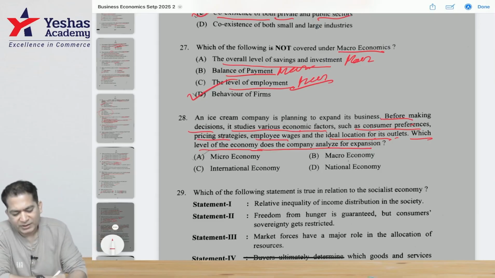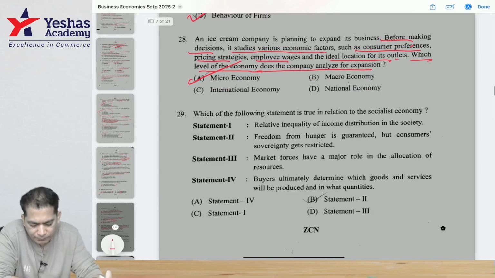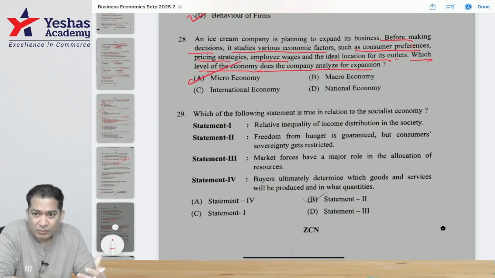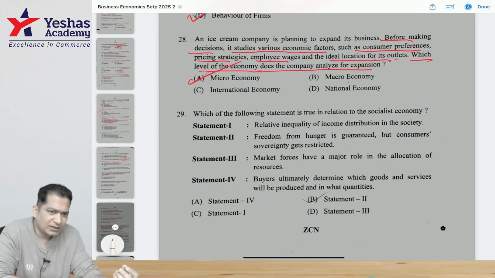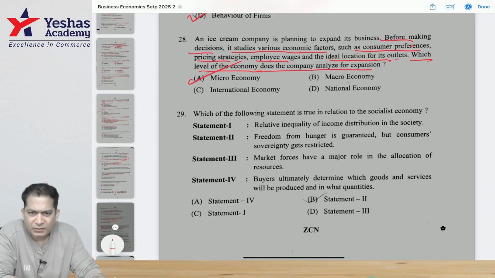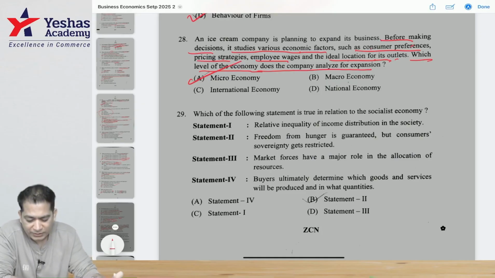So what I'm performing is a micro analysis, because I'm talking about one industry. But if I'm talking about the general environment in the economy, like multiple companies taken together, the GDP, the national income, the unemployment rate, the taxes, these are all macro.